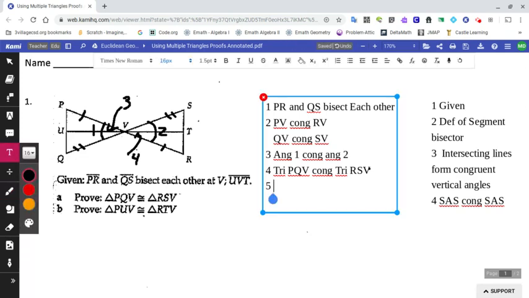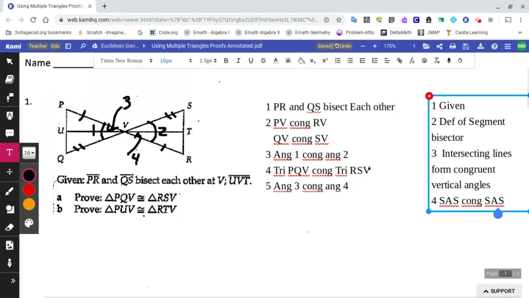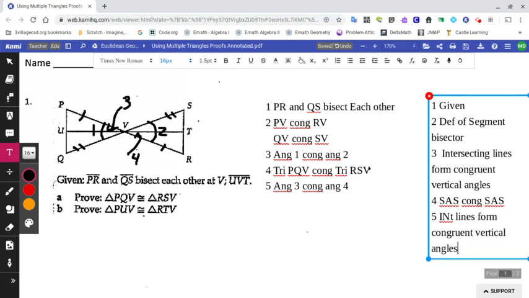So I'm going to say angle 3 is congruent to angle 4. 5, again, that's intersecting lines form congruent vertical angles.